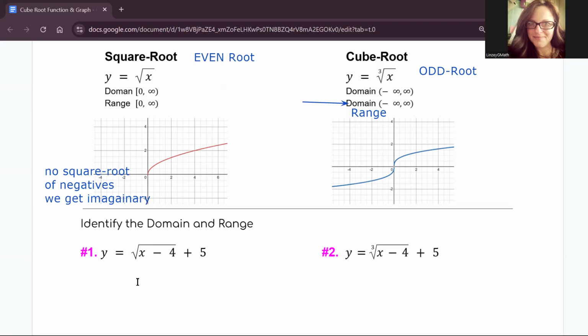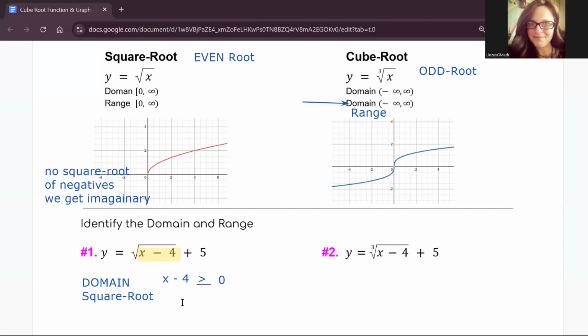All right. To find the domain of a square root function, we're going to set the radicand, the terms under the radical, to greater than or equal to 0. Can't have any negatives under the square root.